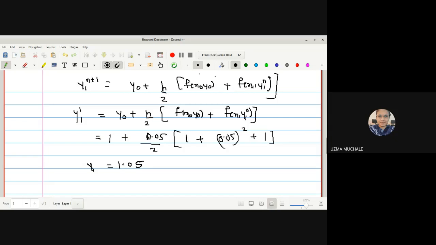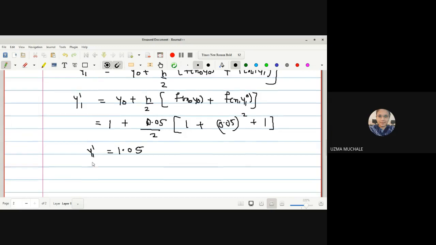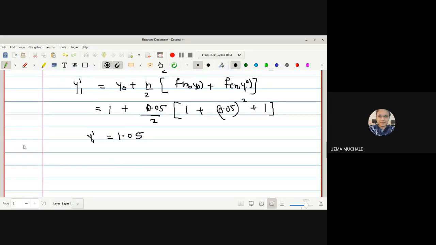So we get y1 raised to 1 is 1.05. Similarly, we now have to find the different values of y1. That is, the approximations: first y1 raised to 1, then y1 raised to 2, y1 raised to 3, and so on.